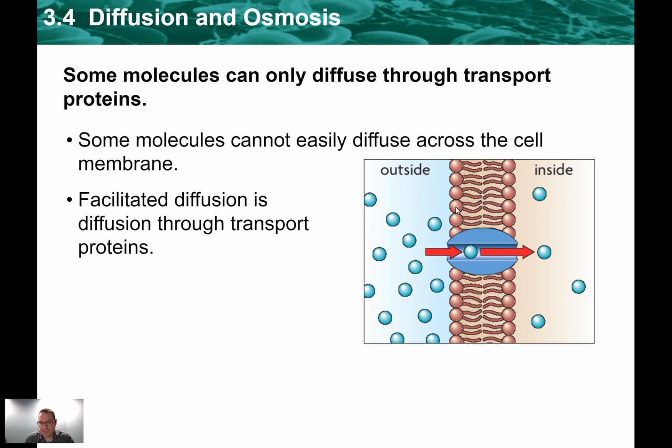And maybe they're the wrong size, maybe they have the wrong charge, maybe they're polar when they need to be non-polar, etc. Whatever it is for that particular thing, it can't get through unless it goes through the protein channel. That's facilitated diffusion. It's diffusion because there's no energy needed, and it's facilitated because it's made easier by the protein.